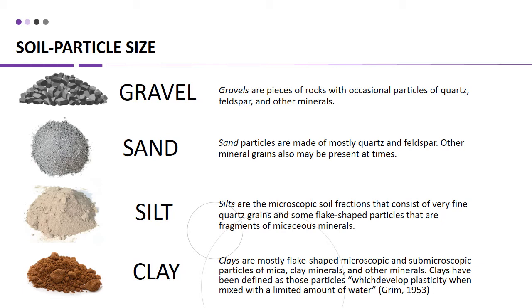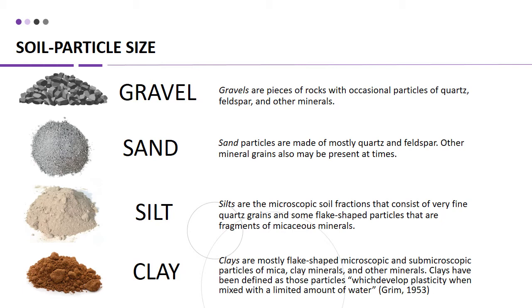Other mineral grains also may be present at times. Another particle size is the silt. Silts are the microscopic soil fractions that consist of very fine quartz grains and some flake-shaped particles that are fragments of this type of mineral.